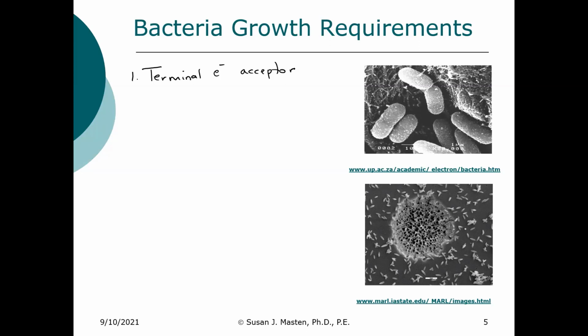All organisms need a terminal electron acceptor. What is the terminal electron acceptor required by humans? In terms of the energy cycle, what is the terminal electron acceptor required by humans? Exactly, oxygen. Okay.